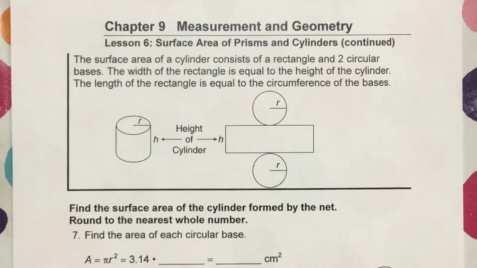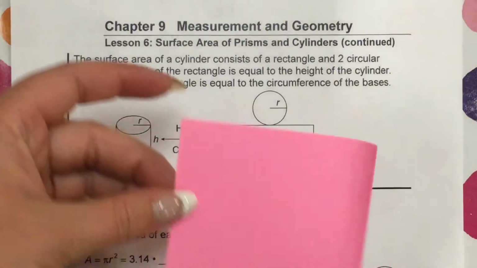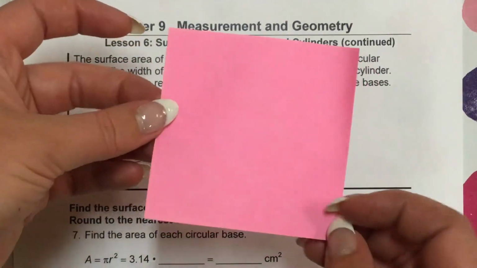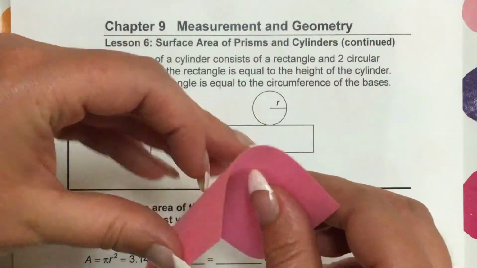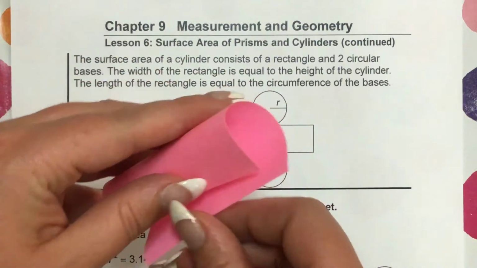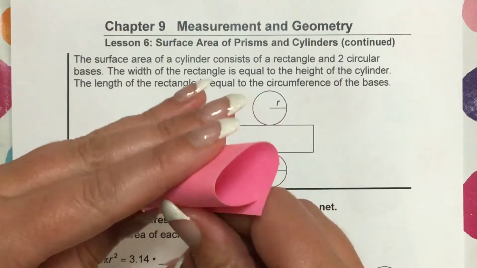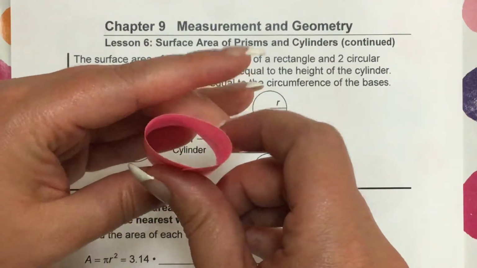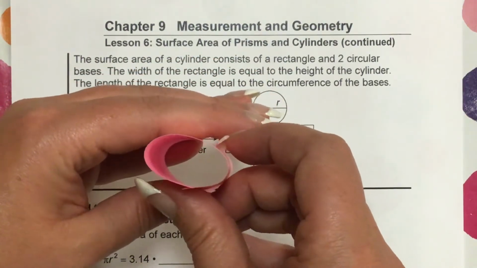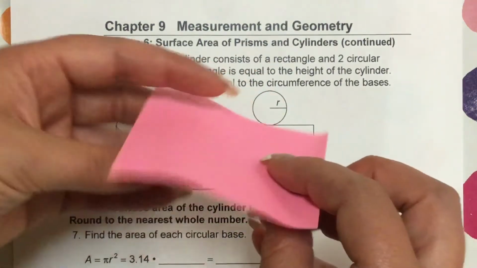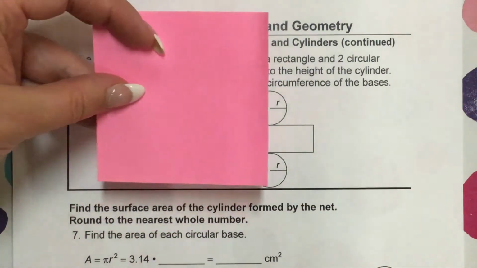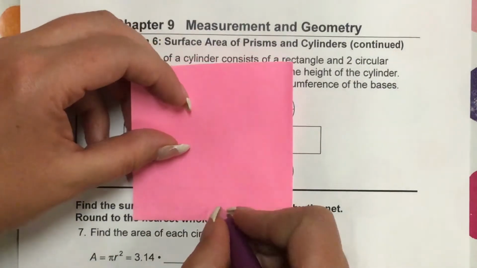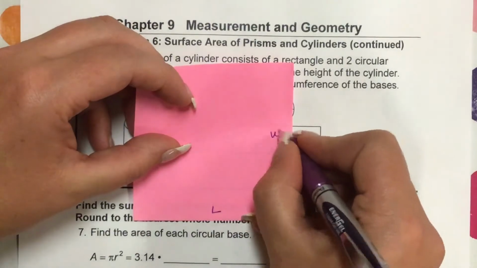So if you take this rectangle and you fold it, okay, so look at here. I have this right here. It's just a rectangle. But if you fold it in the shape of a circle, just bear with me. That circle, when you unfold it, becomes the circumference. So this is the length and this is the width, right?